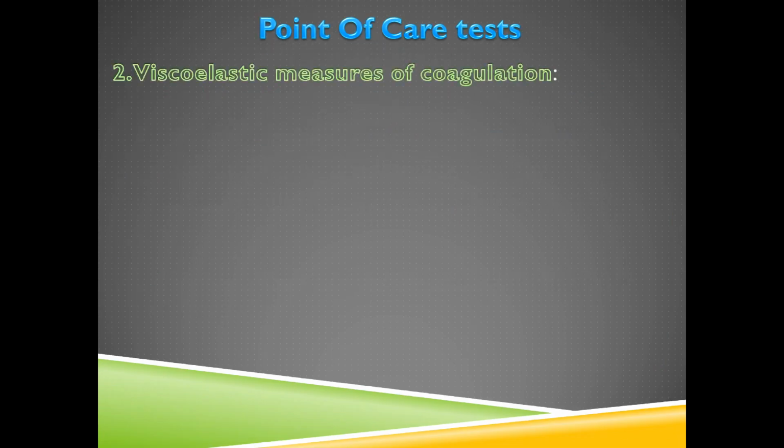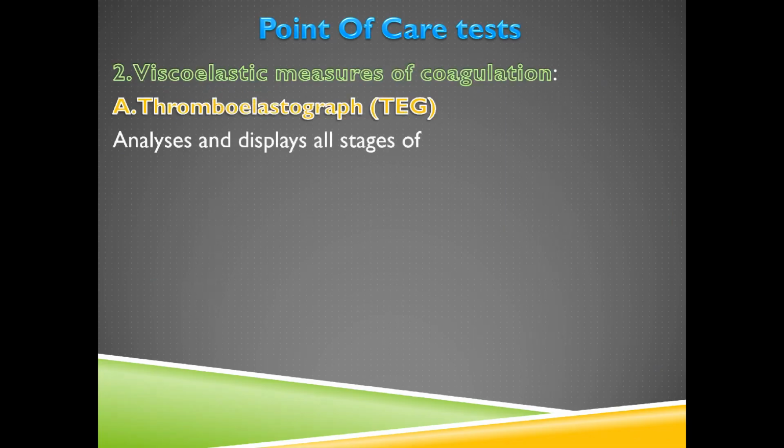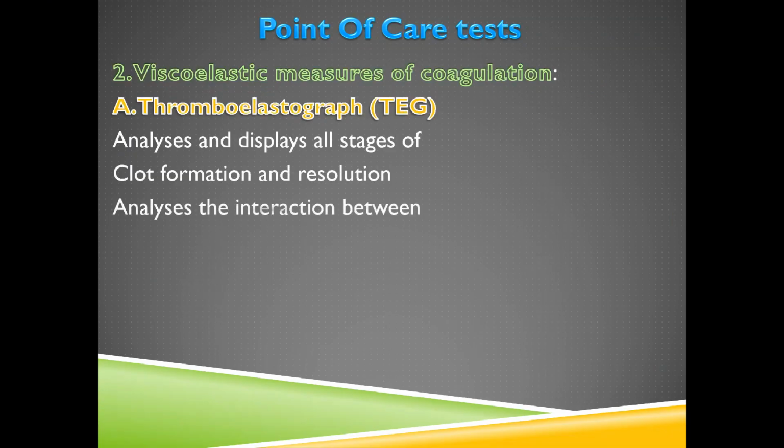Now, viscoelastic measures are mainly by thromboelastography, which was introduced first. It analyzes and displays all stages of clot formation and resolution of the clot also, and analyzes the interaction between platelets, fibrinogen and coagulation.